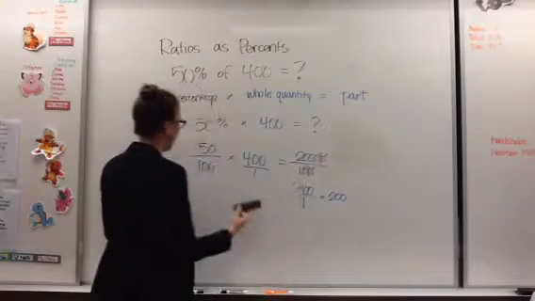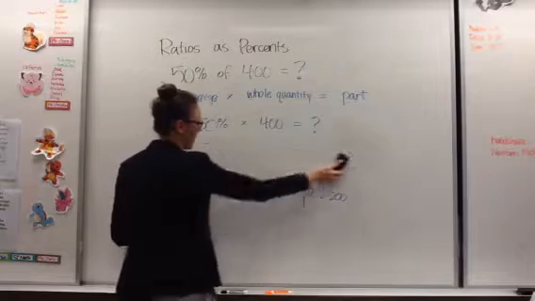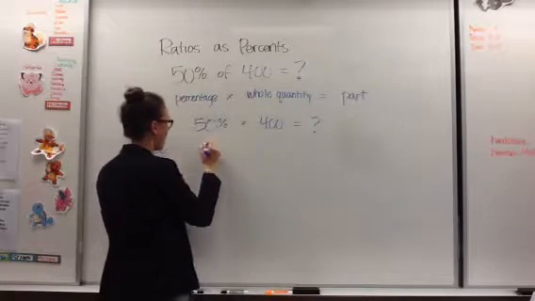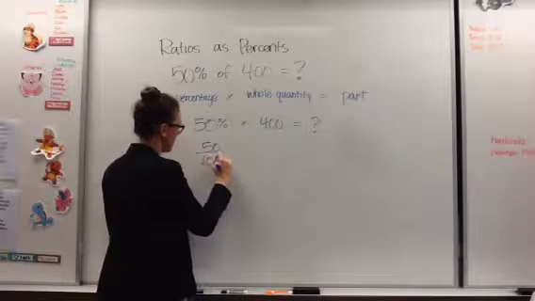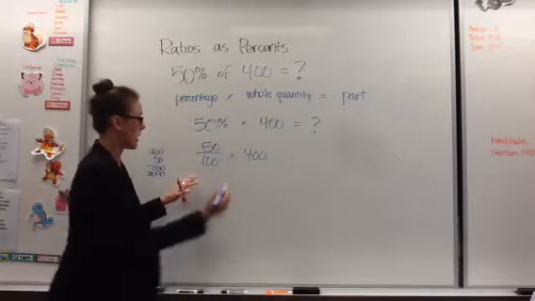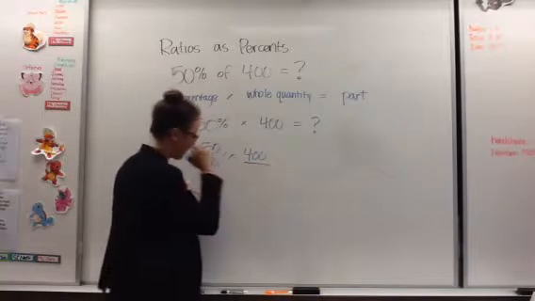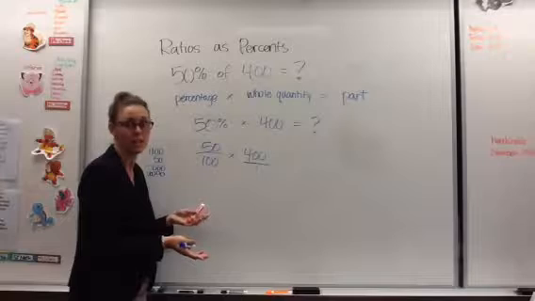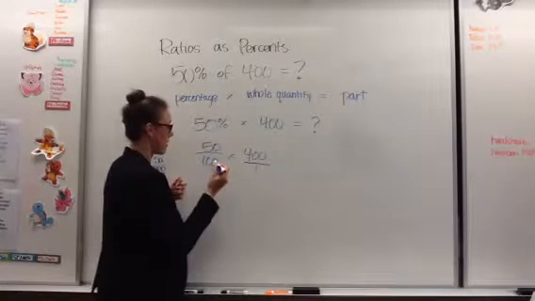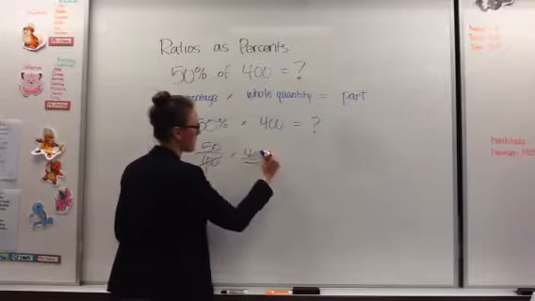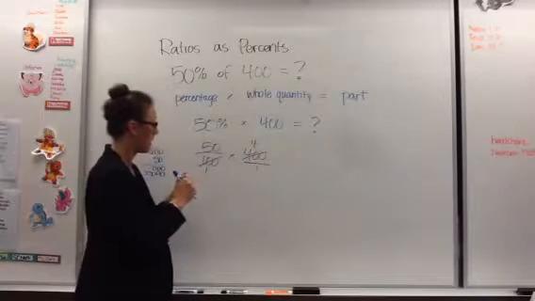An easier way that I like to do it is like this. So we have 50 over 100 times 400. Okay, so I know I put this over 1. I know that 100 and 400 have 100 in common. So I'm going to cross this out, and I'm going to put a 1 down here, and I'm going to cross this out, and I'm going to put a 4 up here.